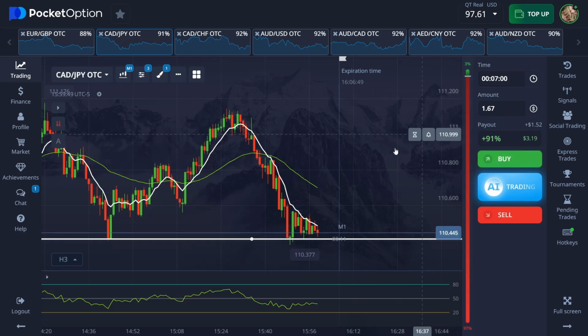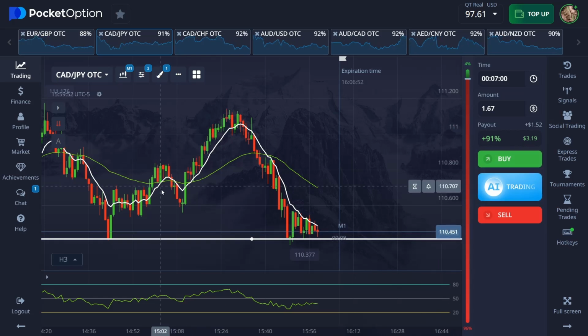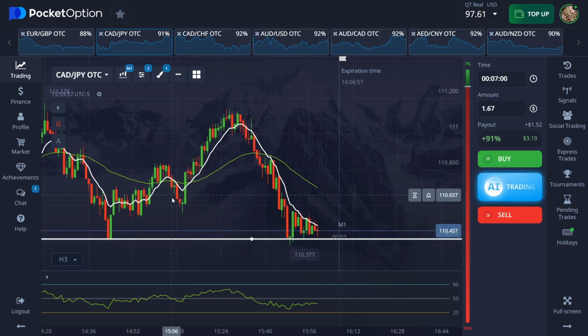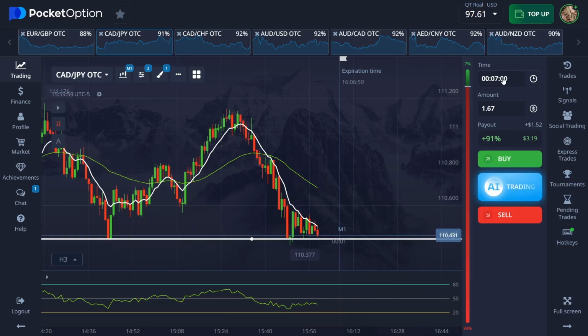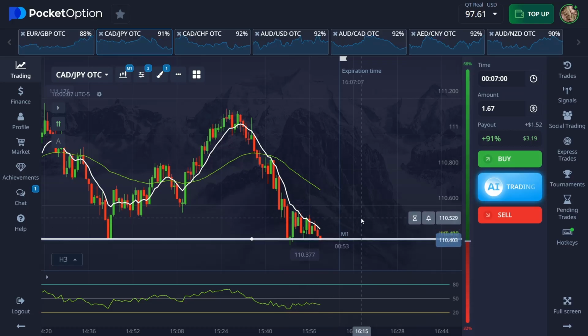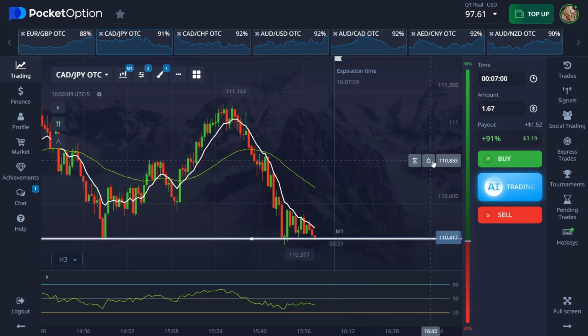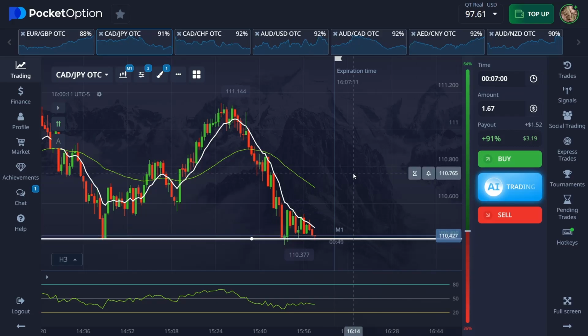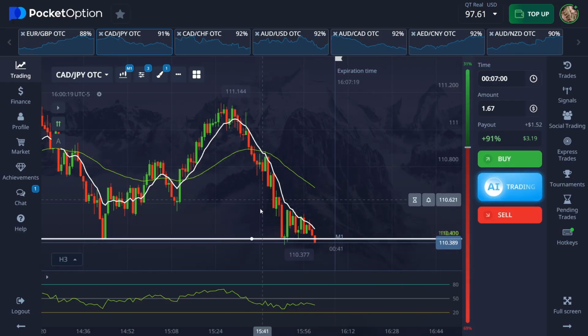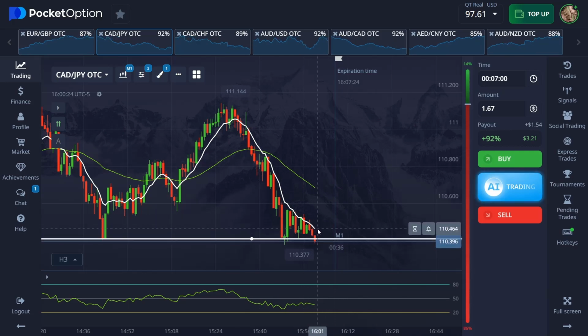And then you go ahead and say, okay, I'm looking at this high low. Then I think within, let's say, 7 minutes, the price will reach this high low. Because right now the price is at the resistance level. And then you go ahead and you place a buy. Now, you will make a profit if within the 7 minutes, the price stays above your entry point.